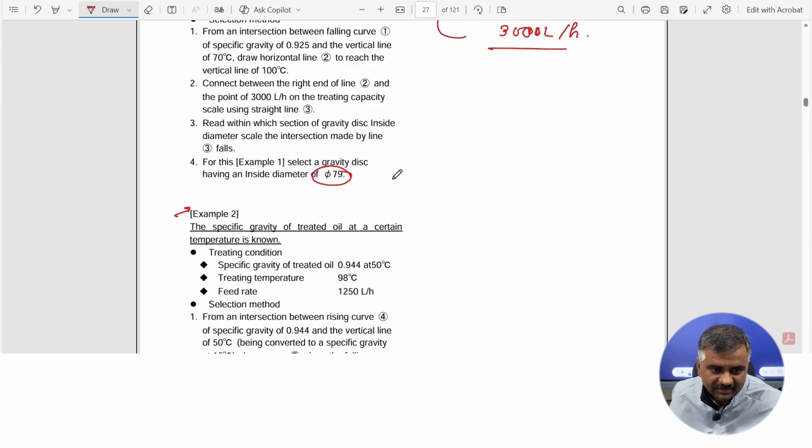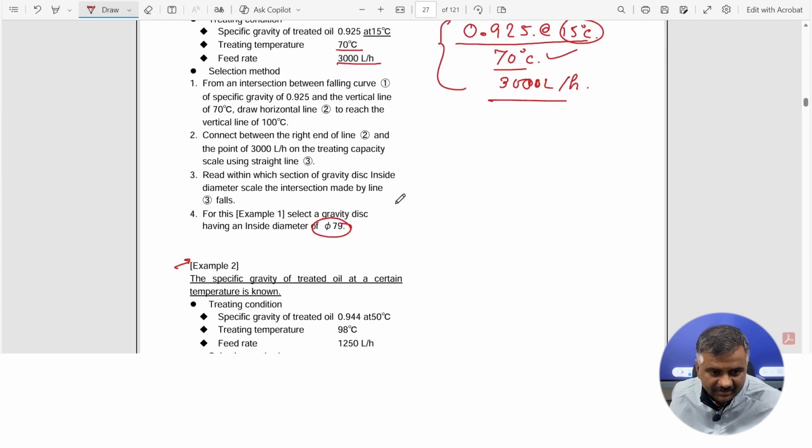So this is the 79 diameter gravity disc that we will be using for this curve. The only point here is that we have taken the falling curve. There are rising curves also. Okay, we have taken the falling curve.